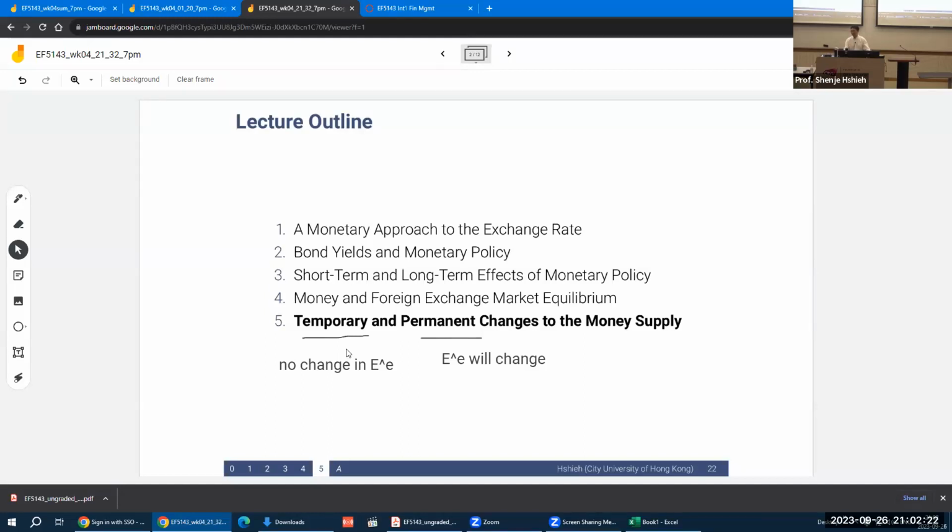So it won't change E hat E. That's kind of the intuition. E hat E, remember, is long-term expectations. That's how you should usually think of it. So if something happens in the short term and it's going to be reversed in the short term, then it's not going to impact my expectations about the future.